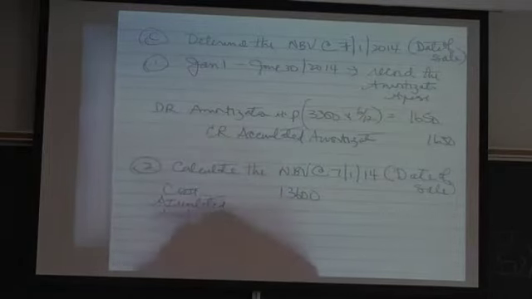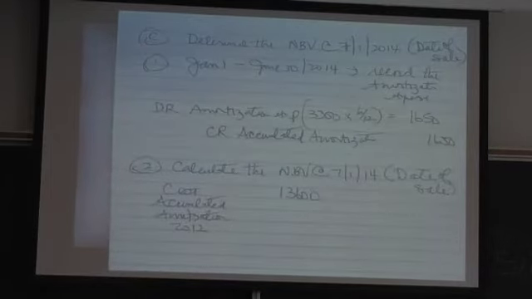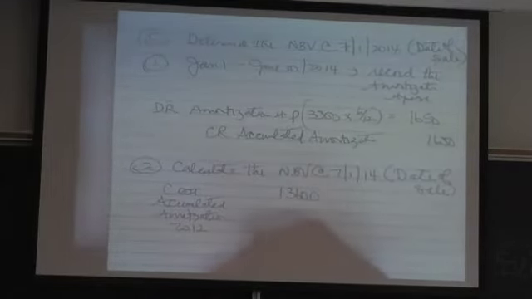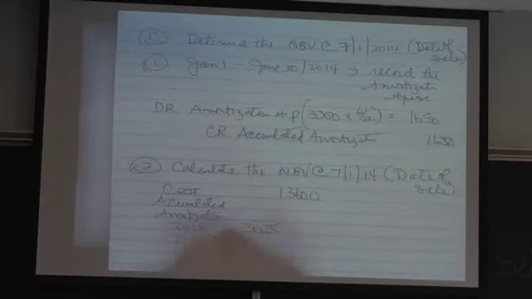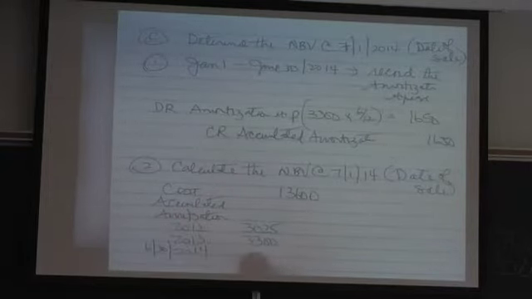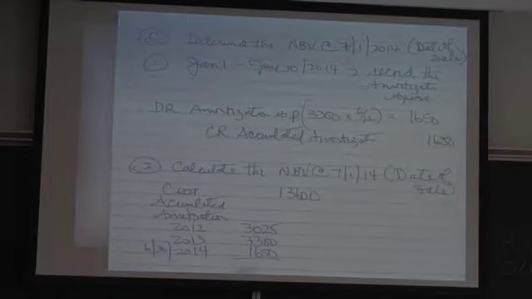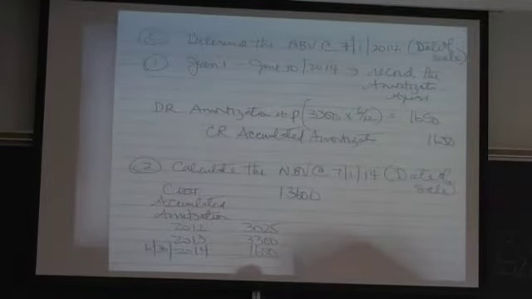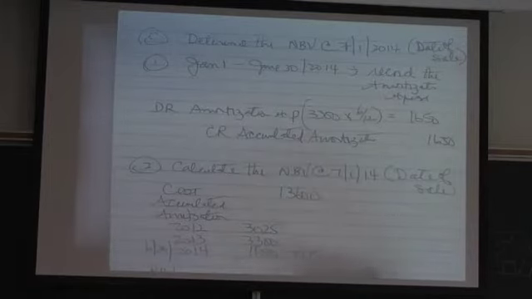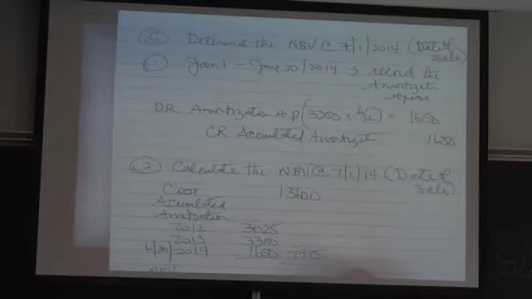So for 2012, we amortized the asset 3,025. 2013, it was 3,300. And 2014, June 30th, was 1,650. So the accumulative amortization is 7,975. So net book value is the difference, which is 5,625.